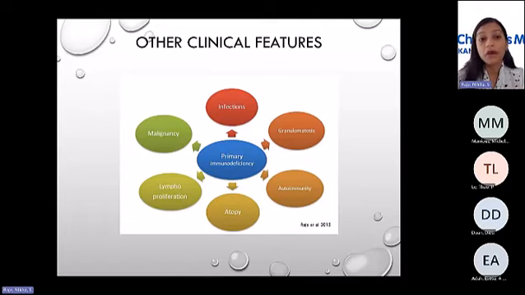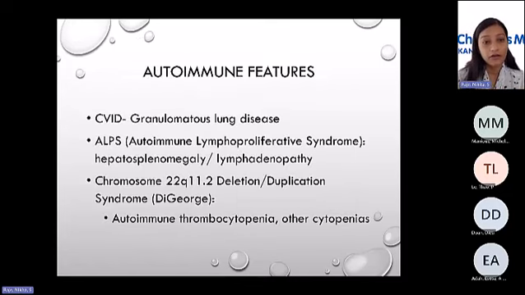Apart from the history about what type of infection, it's really important to know the comorbidities. Some of the other features of immunodeficiencies include granulomas, autoimmunity, atopy, lymphoproliferative features, as well as malignancy. So if you see a combination of these going on along with infections, definitely think of an IEI workup.